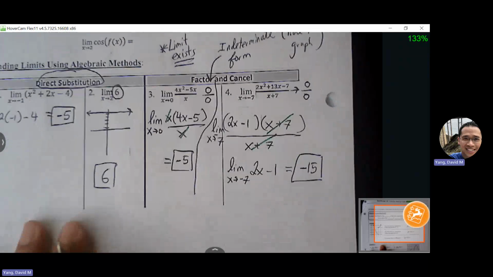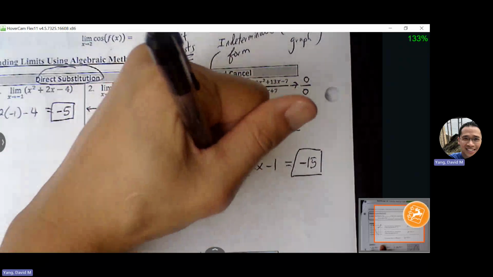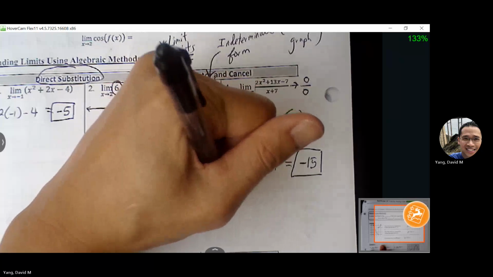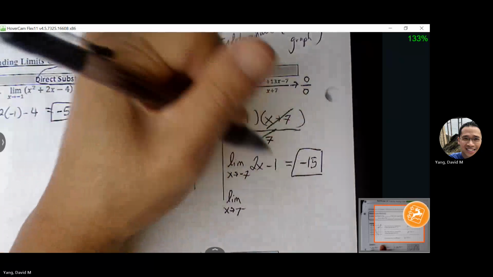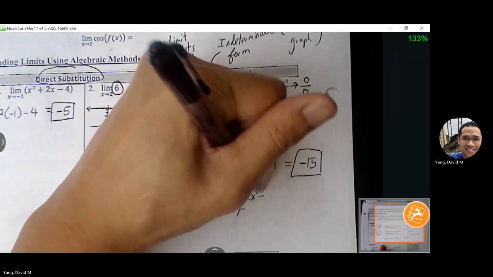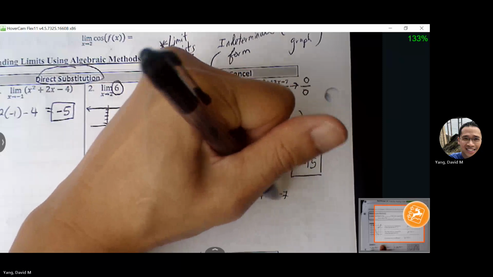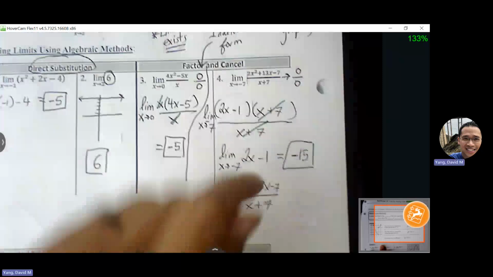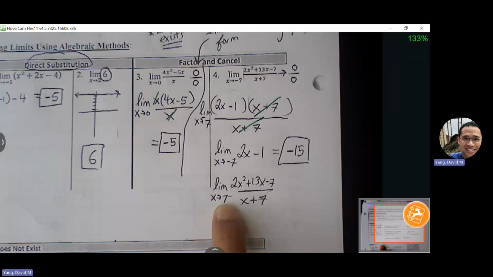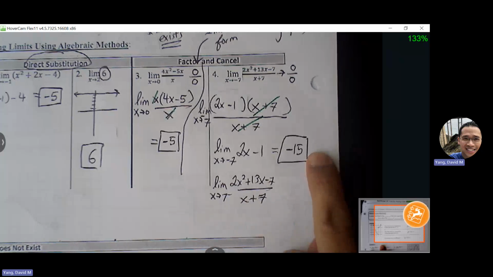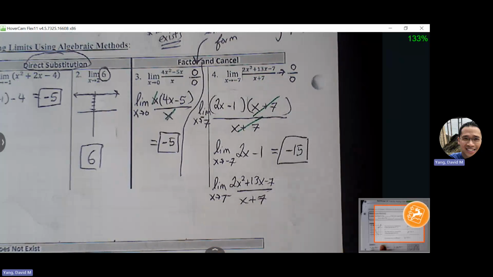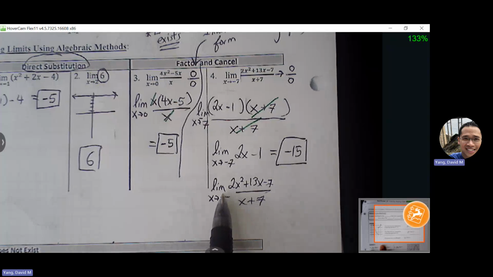Good question. Yeah. So if it was a one-sided limit, we're going to treat it as if we're finding the true limit. Because if the true limit exists, then we know the one-sided limit will follow alongside it. We're going to get to that, if not today, then tomorrow.